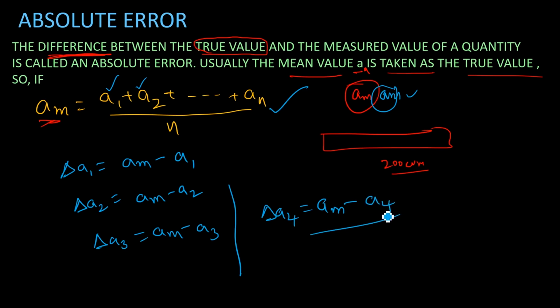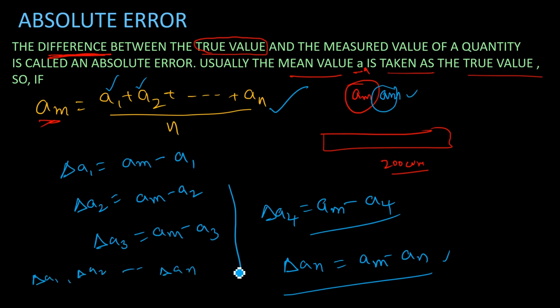Delta an also equals a_m minus an. Here delta a1, delta a2 and so on up to delta an can be positive or negative, but their magnitude will always be positive, and that is known as absolute error.